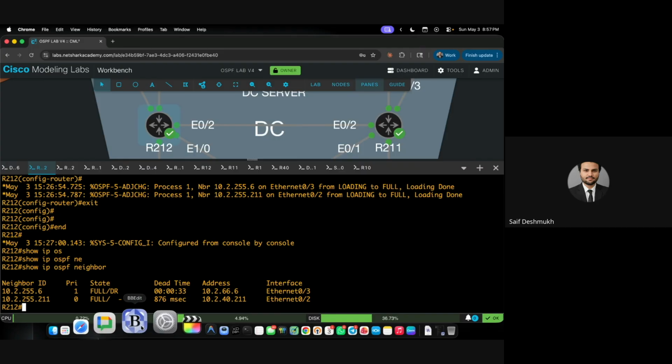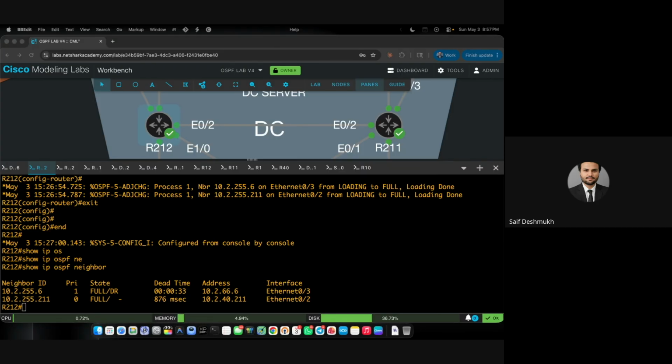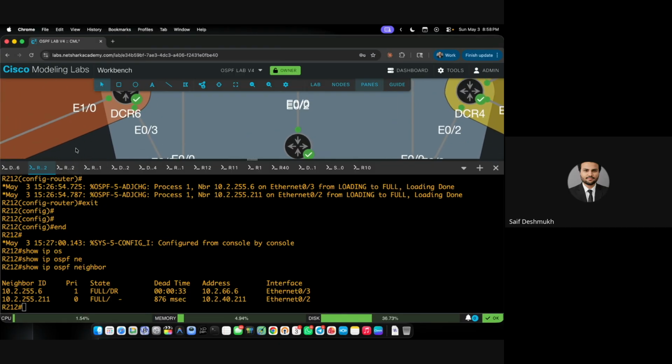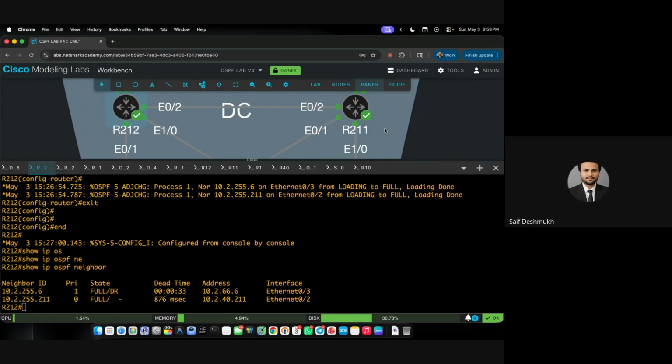I'm quickly going to copy paste the router configuration. So on router 6, we form the neighborship with router 211, we form the neighborship.